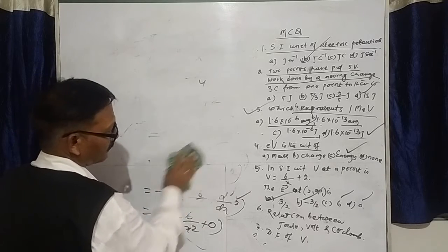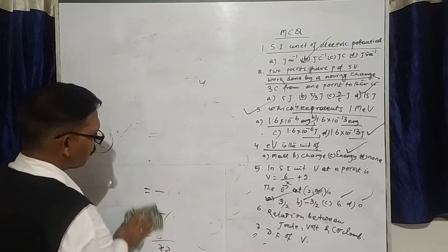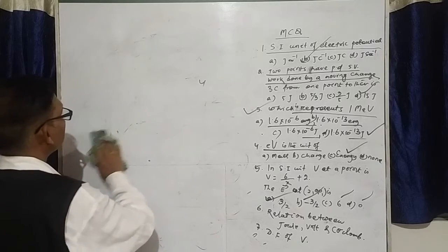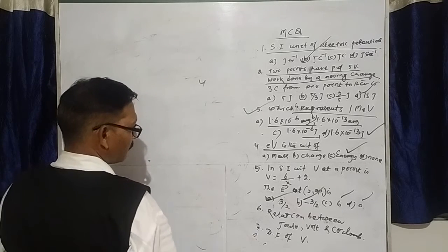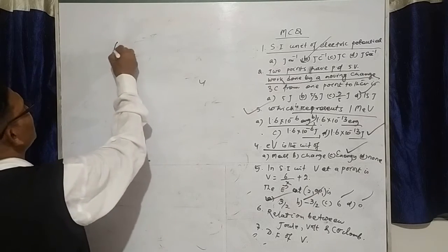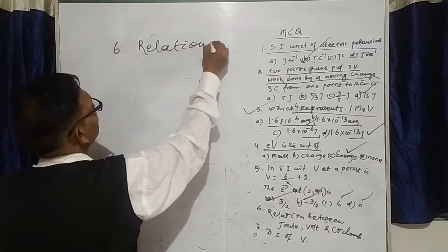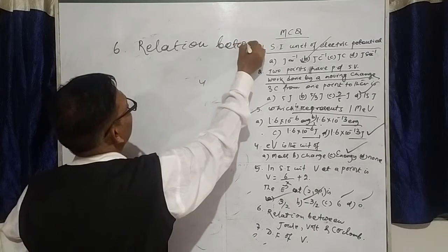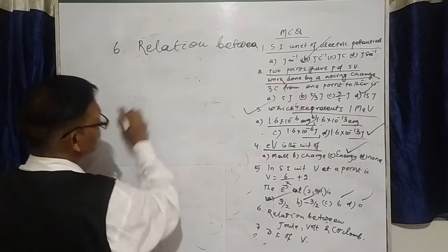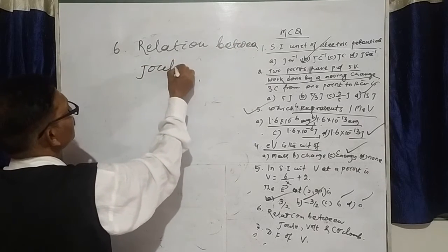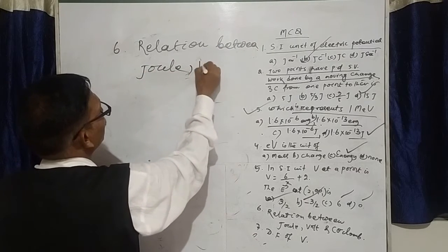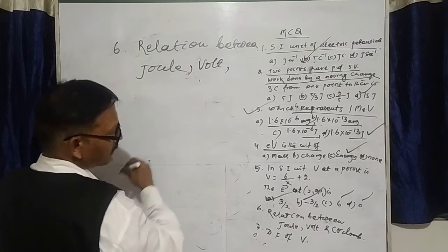You see number 6, relation between joule, volt and coulomb.